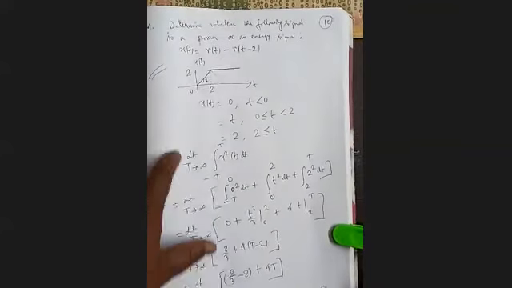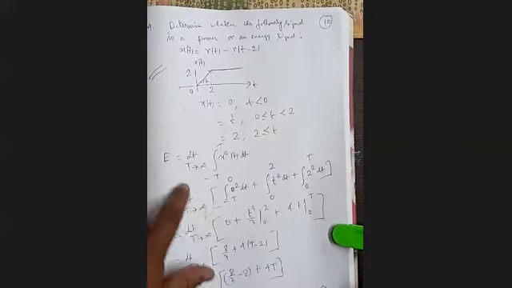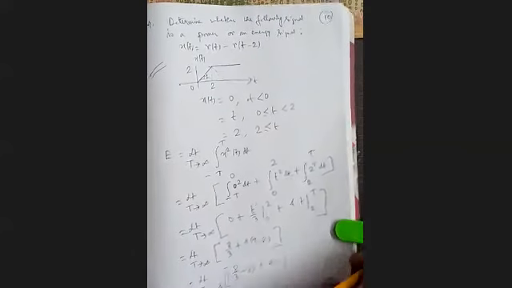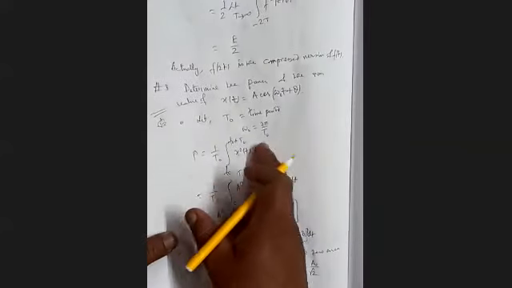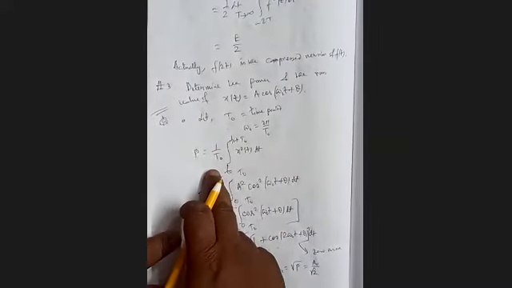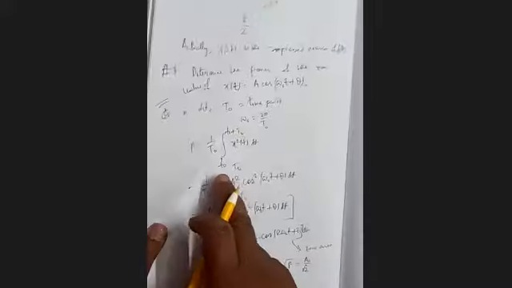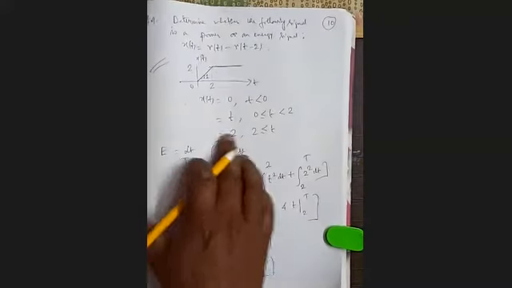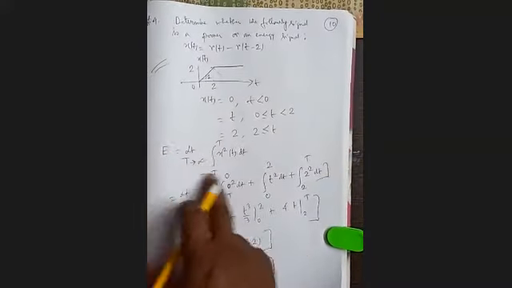So where it is a non-periodic power signal, our definition will be like that. But where it is a periodic power signal, our definition will be better to use 1 by T0, using the time period. But for a non-periodic power signal, our definition will be something like this.